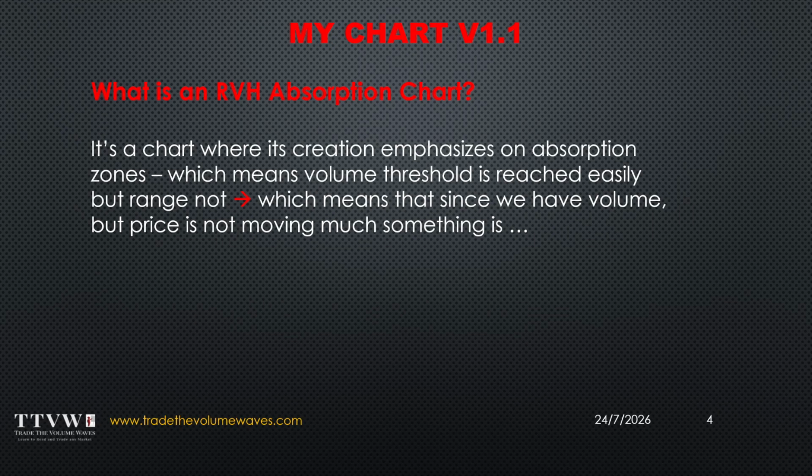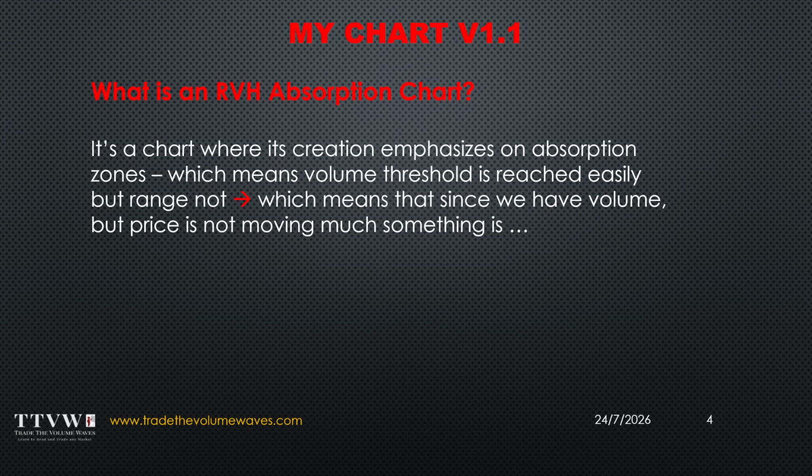So let's explain what an RVH absorption chart is. Well, it's a chart where the creation emphasizes absorption zones, which means what? It means that the volume threshold is reached easily, but not the range, not the price move.